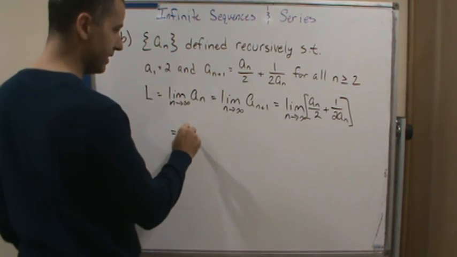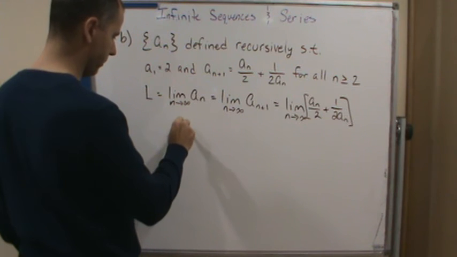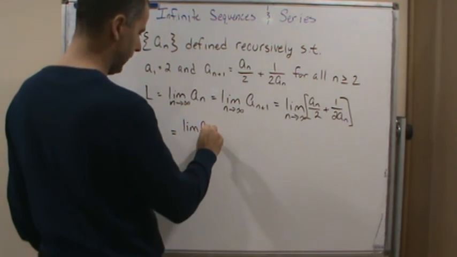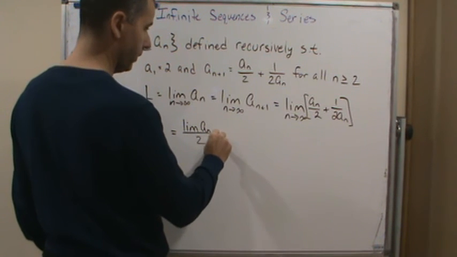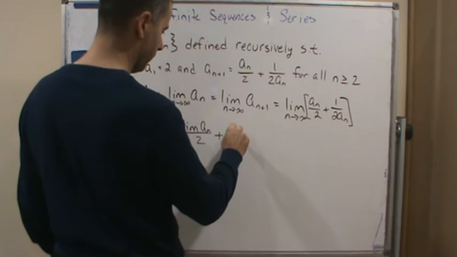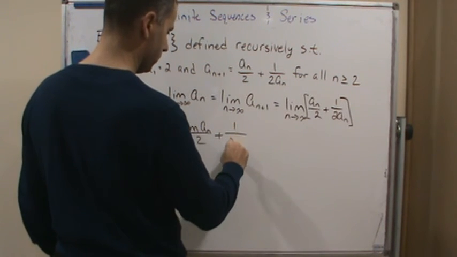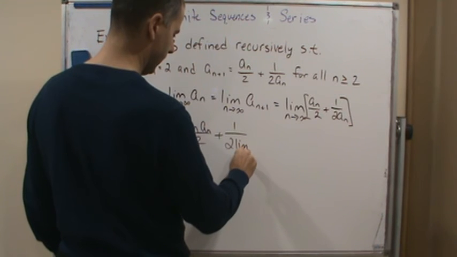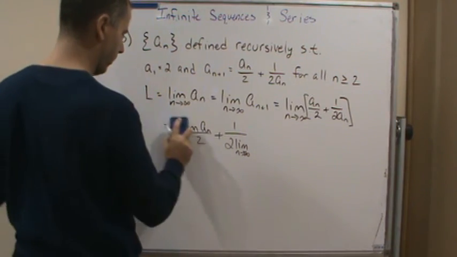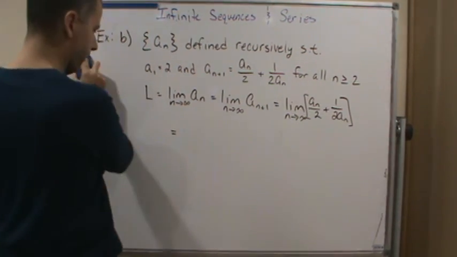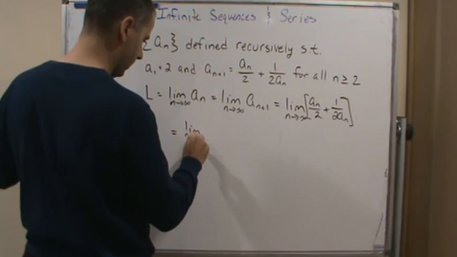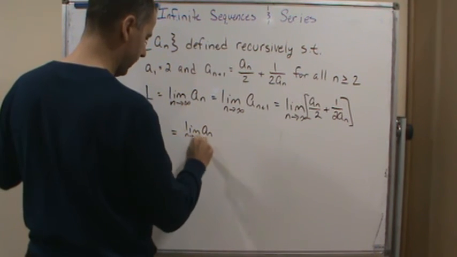So it's the limit as n approaches infinity of a sub n over 2 plus 1 over 2 times the limit as n approaches infinity of a sub n.